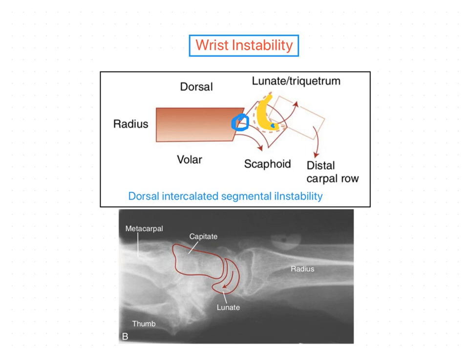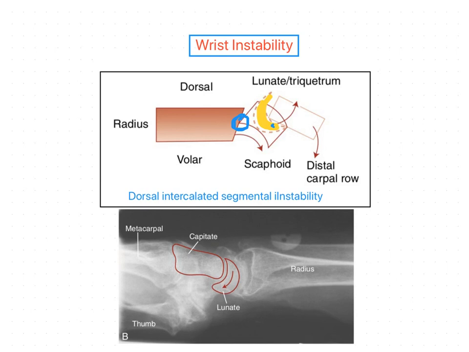The force is not going to change, but the contact surface between these two bones is very small and the pressure is more. So there is no equal distribution of pressure on the bone. So definitely the pressure between the radius and scaphoid is increased.